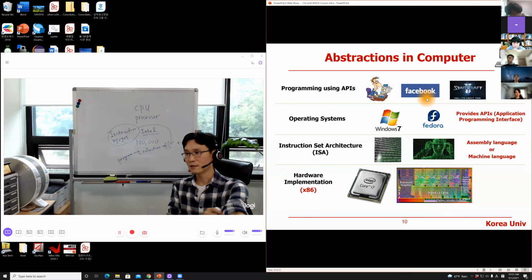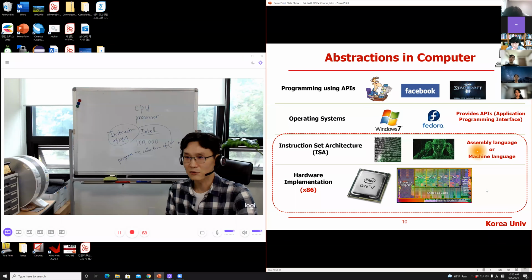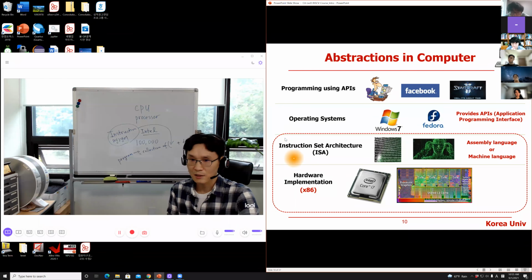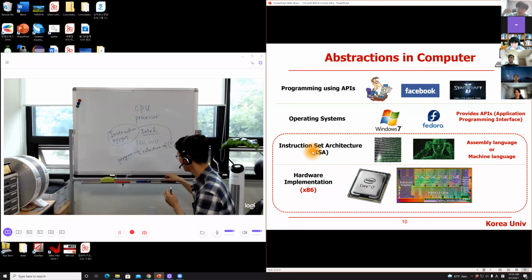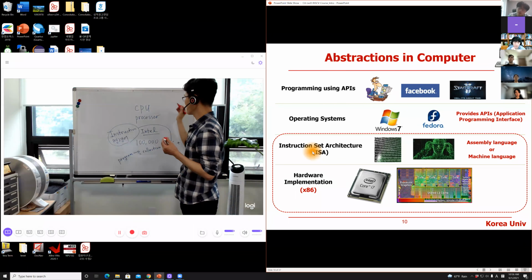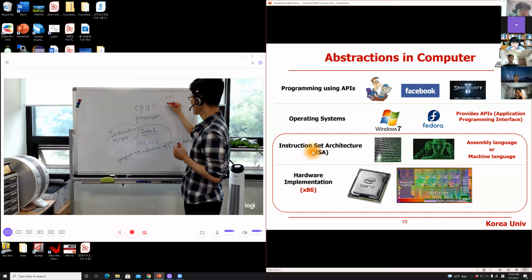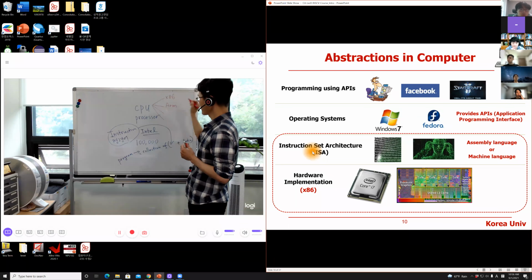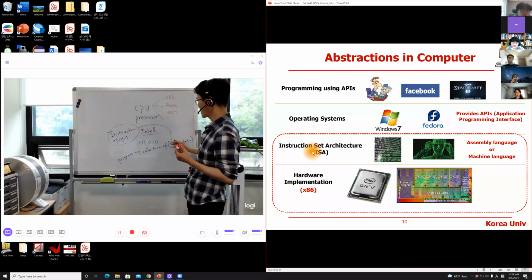In this computer architecture class, we are interested in these two layers. So you are going to study the instructions the CPU is providing. And we are going to study one specific CPU. There are actually many CPUs in the world, like Intel x86, the smartphone CPU ARM, MIPS, some Hitachi processors, and so many different processors.